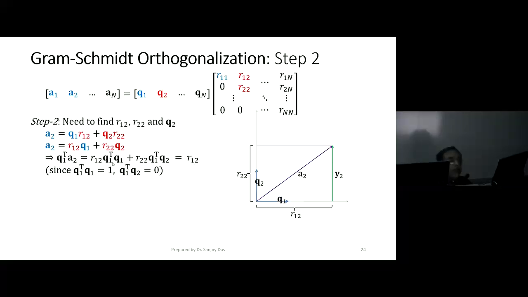Because Q1 transpose Q1 is 1, this is R12 times 1, and Q1 transpose Q2 equals 0 because Q1 and Q2 are orthogonal. So this term becomes 0, and I am left with R12. Okay, so that's how I can get my R12 from Q1 and A2.